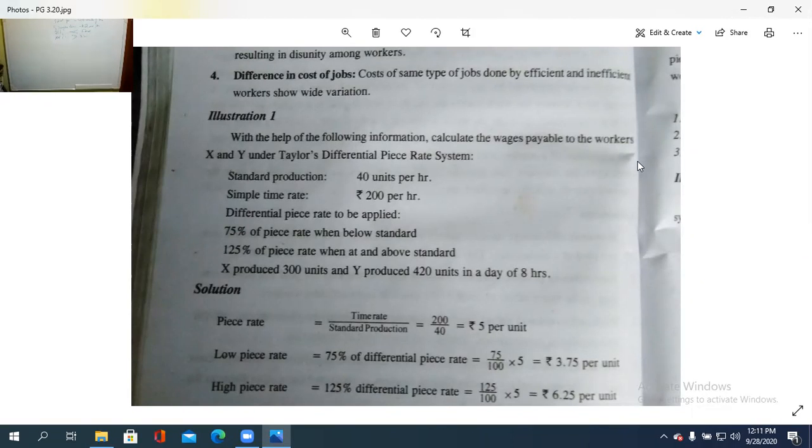Then X produces 300 units and Y produces 420 units in a day of 8 hours. So 300 for X and 420 for Y is the output produced in 8 hours. Let us see how to do this.